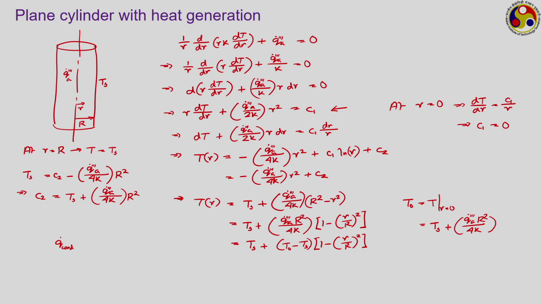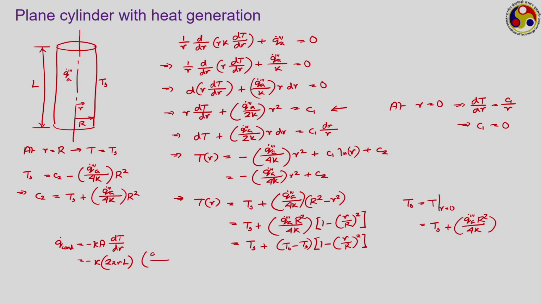Now, what will be the rate of heat conduction? Then q dot conduction will be equal to minus k A dT dr, that is minus k, at any r location, the area will be equal to 2 pi r into L, L being the length of this particular cylinder, this dimension that I am talking about, into dT dr. So, how much is your dT dr?